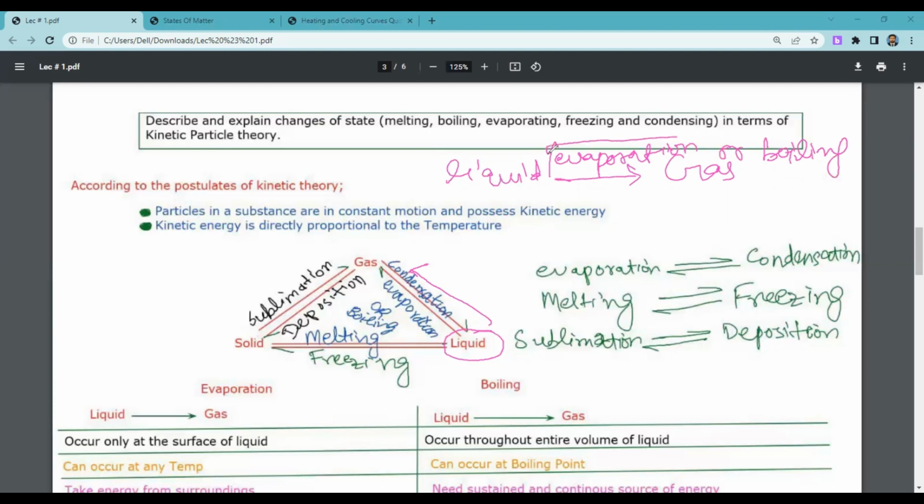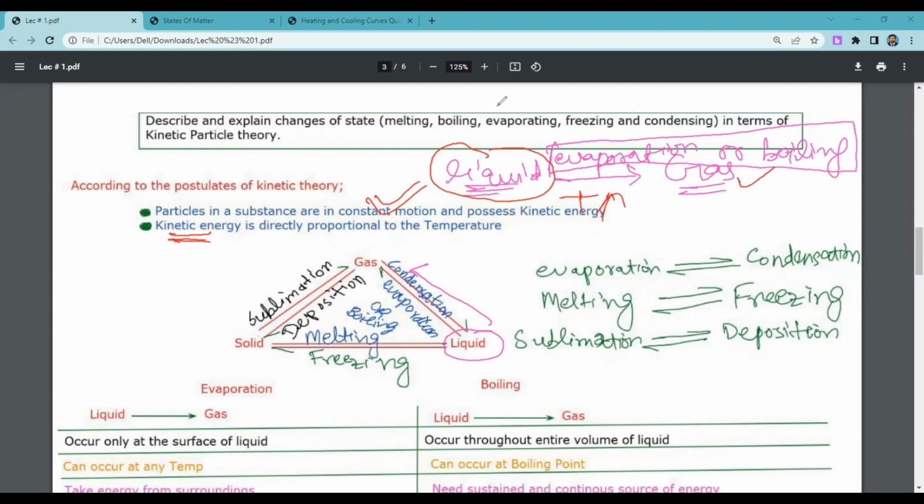We will explain the difference between evaporation and boiling later, but at this moment we are only discussing that liquid is converted into gas. How can a liquid be converted into a gas? By increasing temperature. If we increase the temperature, the kinetic energy of the particles will increase and it will be converted into a different state, a gas.